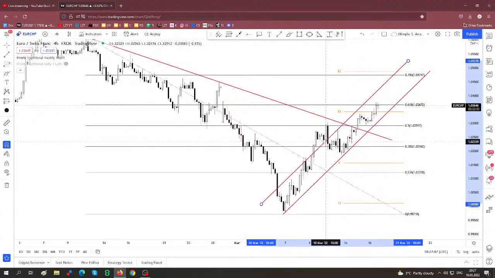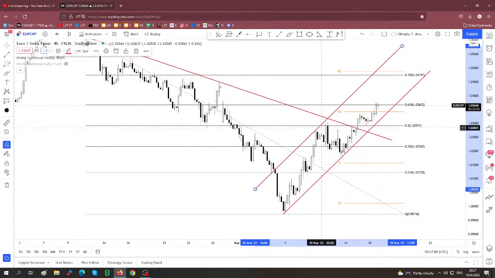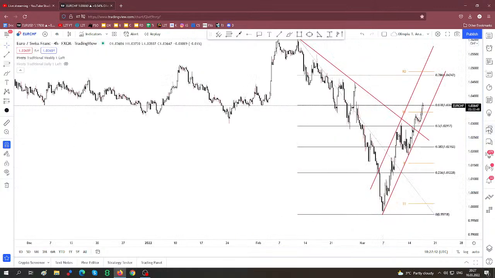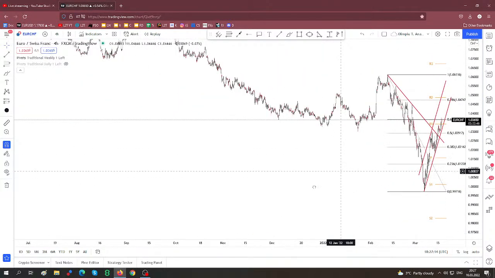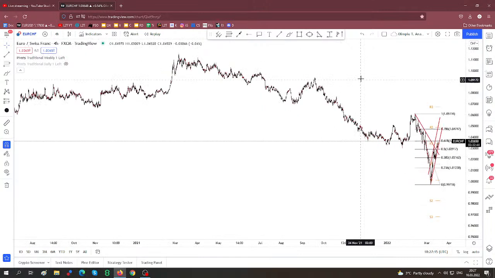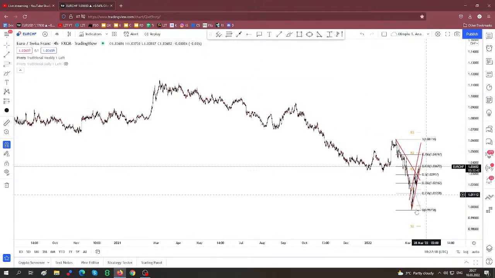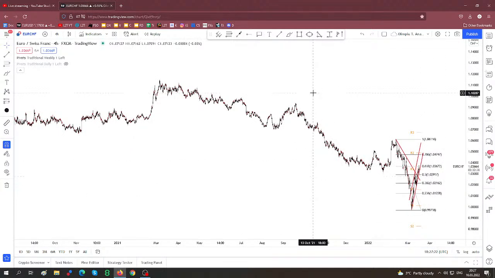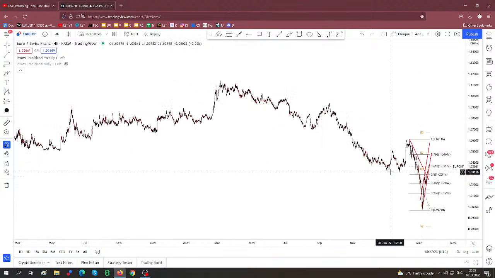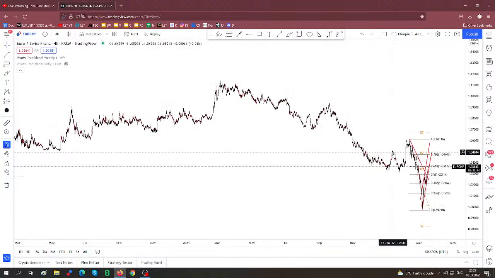Maybe we'll have something like a flag, like an up channel, and here on the 4-hour, please take a look. So we have something like a major downtrend. So this could still be only a temporary rebound, a temporary growth before dropping deeper, right? So it remains to see.